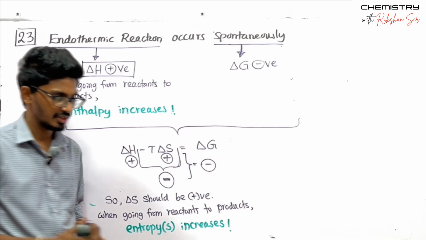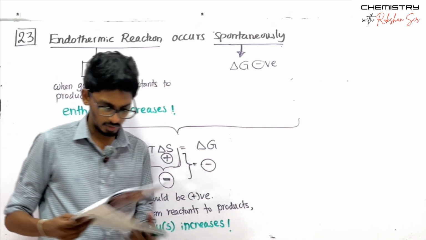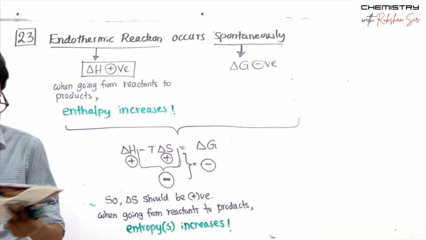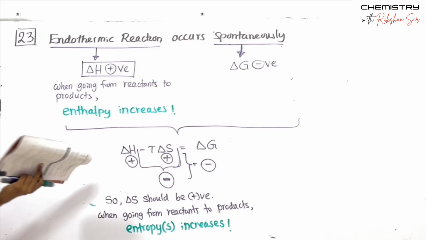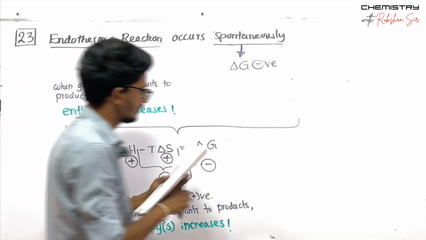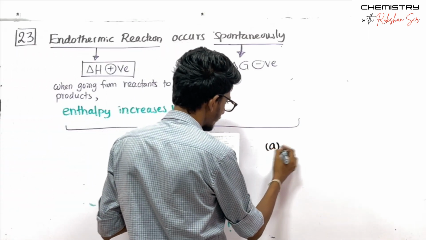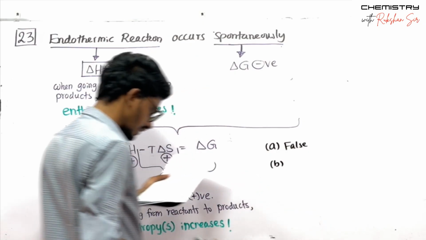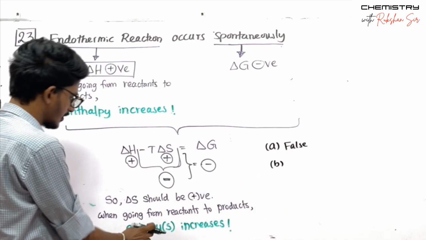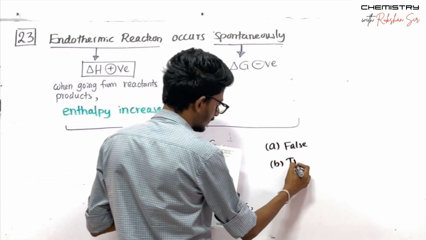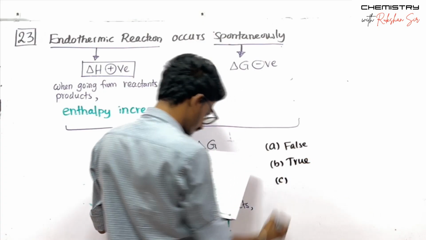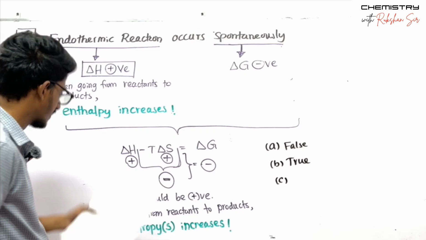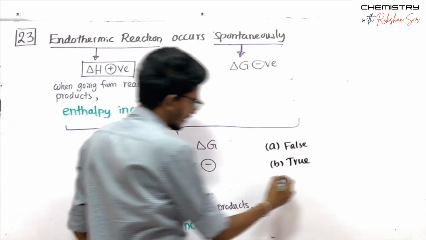Yes, with the 23rd question. So statement A says enthalpy of the system decreases, that is false. So A is false. B, entropy of the system increases. Yes, entropy increases, that is true. C, enthalpy of the system increases. Yes, enthalpy increases, that is true.